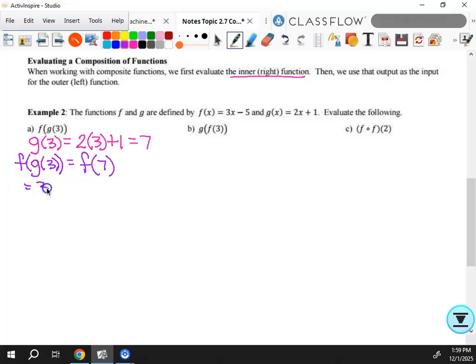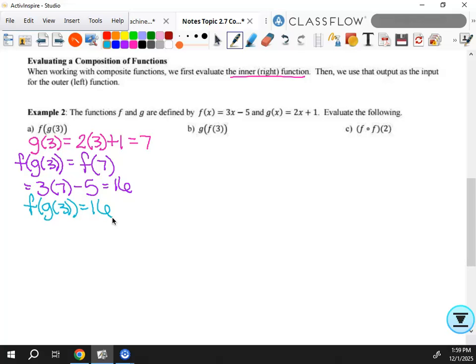That will give me 3 times 7 minus 5. It's 3 times 7, 21. And 21 minus 5 is 16. So that means that f of g of 3 is 16. Okay. Everybody good with that?